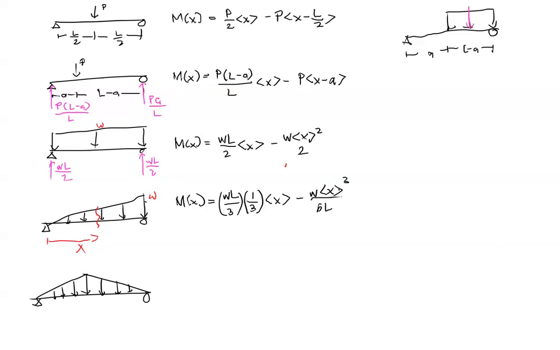If meron akong omega rito, yung concentrated load niya will be equal to omega times L minus A. Ito yung concentrated load niya, and it's applied at A plus (L minus A) over 2 from the left-hand side.